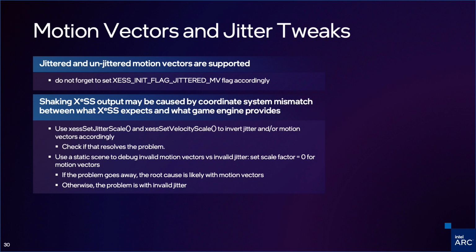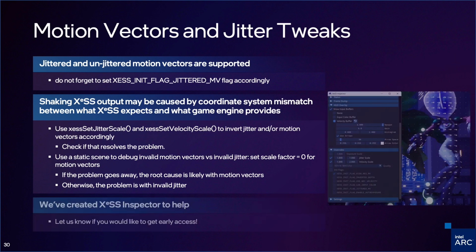If not, then the motion vectors or jitter values themselves can be invalid. To troubleshoot the issue further, find a static scene and try setting scale factor to 0 for motion vectors. If shaking goes away, then the root cause of the issue is likely related to invalid motion vectors. Otherwise, the problem is with invalid jitter values.